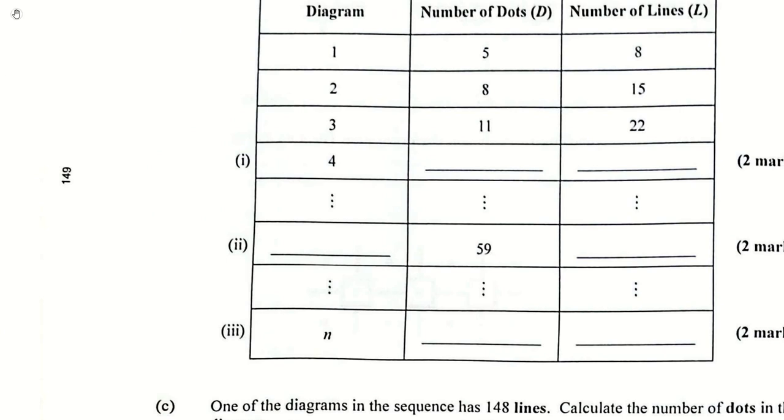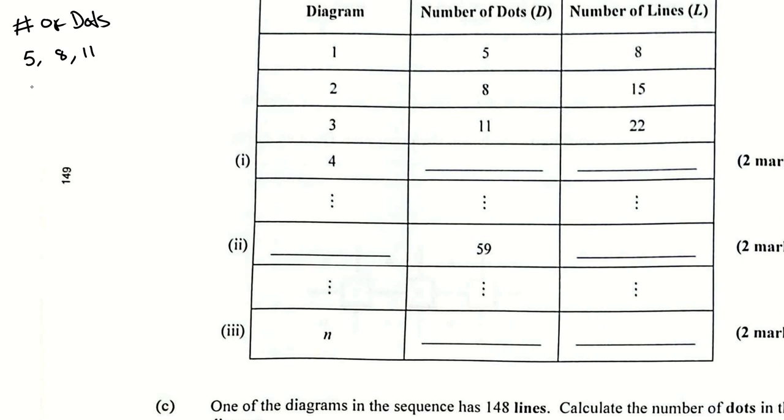If we look at the number of dots, we're going from 5 to 8 to 11, right? Is this increasing or decreasing? That's the first question you ask yourself. Go ahead. It's increasing, right? And by how much?